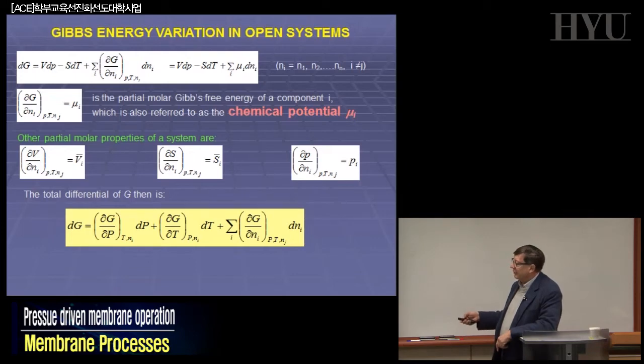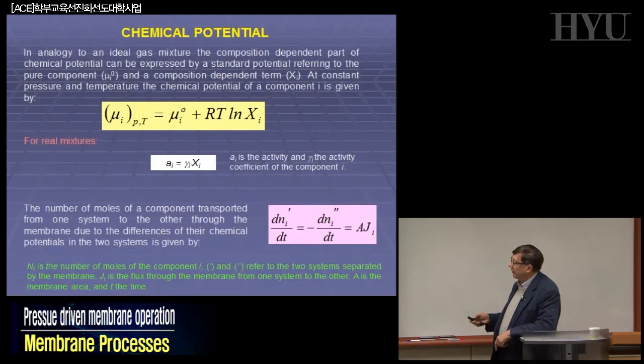The total differential of the Gibbs free energy is this kind of expression, where you have the derivative of G with respect to temperature and composition, multiplied by dT, then the derivative with respect to the composition of the other terms, etc. So that's what we call the total differential of the Gibbs free energy.